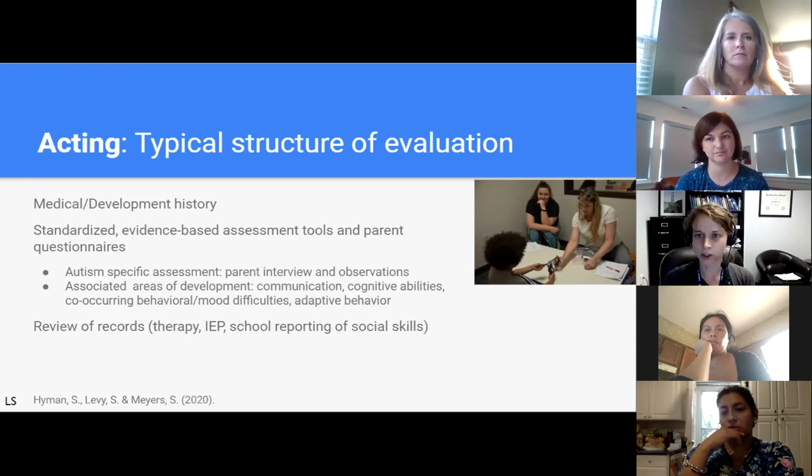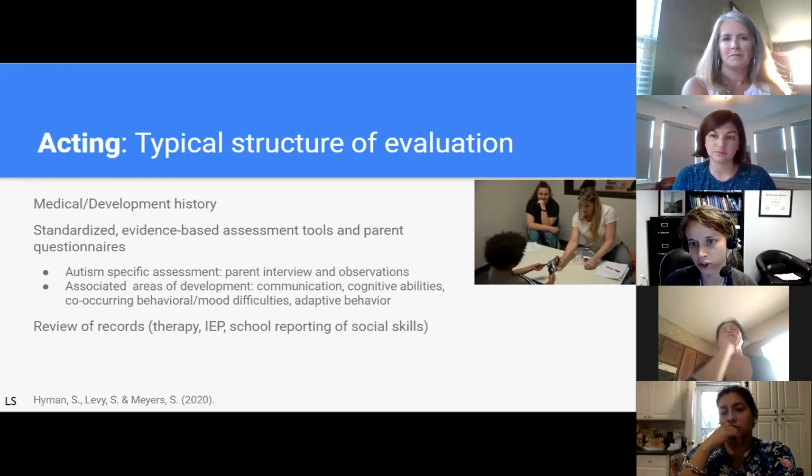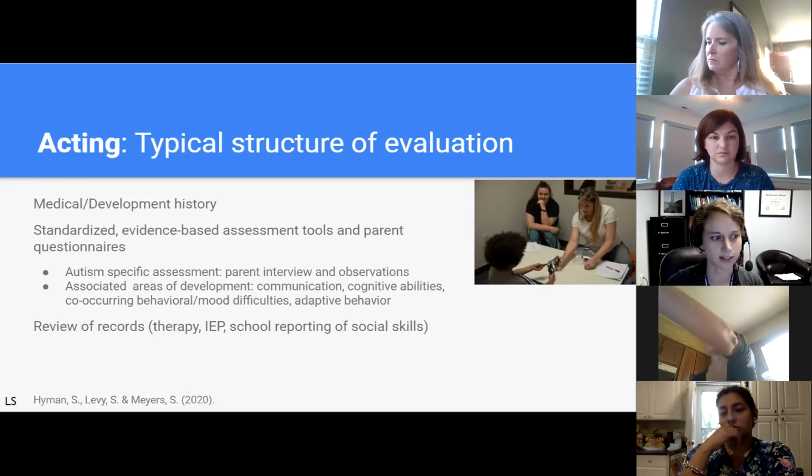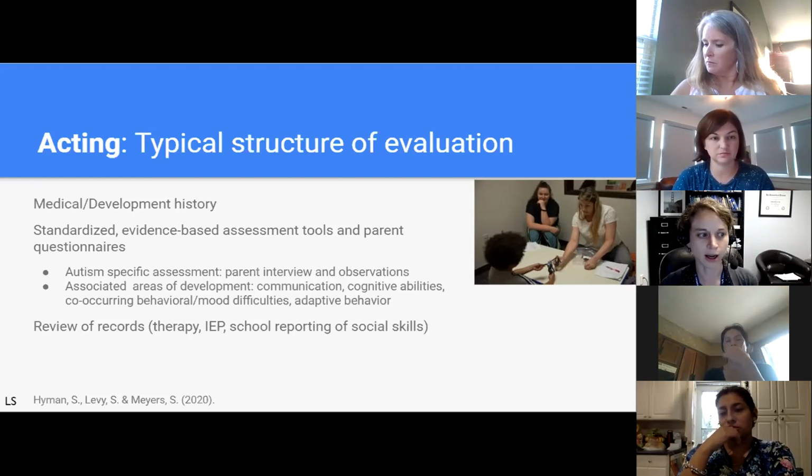How do you know if someone's really having delays in social skills? Where's the cutoff for that? How do we know? That's why it's important to have standardized measures, because then we're able to consistently say, yes, this is where we'd expect someone's skills to be. And this is how we can say, for this person's age or communication or developmental level, there's a difference. Those standardized measures are both based on interaction, which we're going to talk more about in a minute, as well as parent questionnaires.